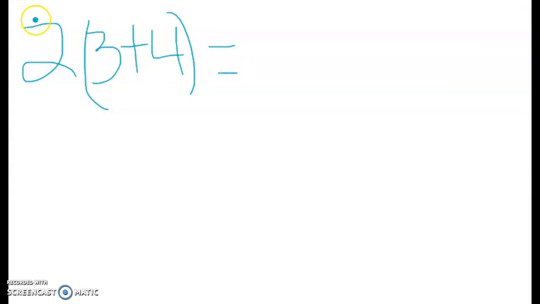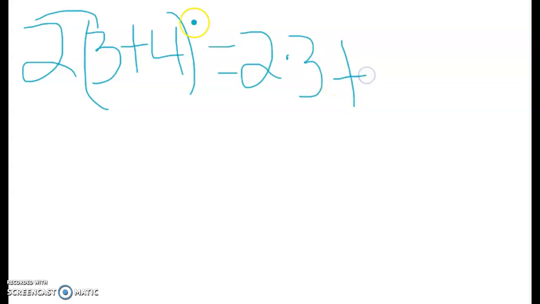We have to distribute our 2 to our 3 first, so that comes out to be 2 times 3. Don't forget, we have to bring over our addition sign, plus, and then distribute our 2 to our 4, so it's 2 times 4.